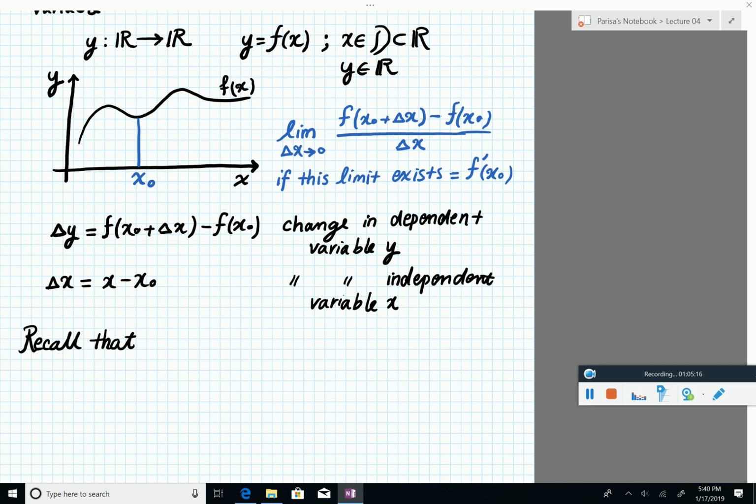You can use Taylor series expansion, and if you do that, delta y, which is the function evaluated at x0 plus delta x minus f of x0, would be what? f prime of x0 times delta x, right? And then the higher order terms. You all know that.